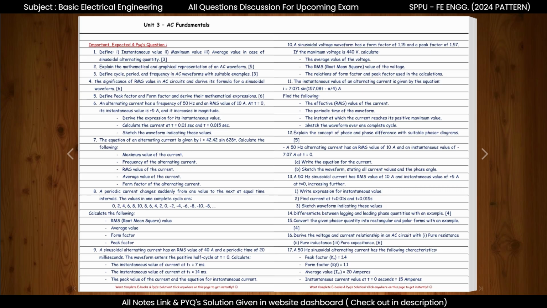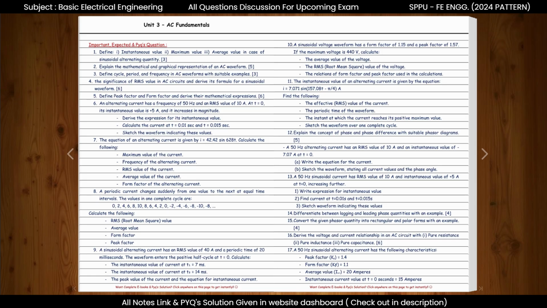From this topic, we can expect questions such as, a periodic current changes suddenly from one value to the next at equal time intervals. The values in one complete cycle are 0, 2, 4, 6, 8, 10, 8, 6, 4, 2, 0, -2, -4, -6, -8, -10, -8 and so on.